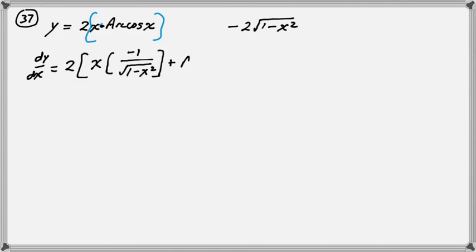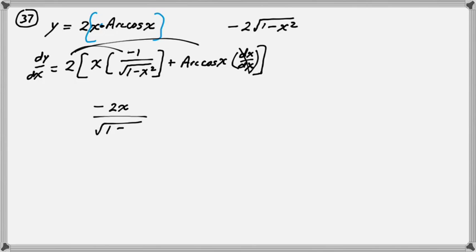Plus the other way around, bring down the arc cosine of x times the derivative of x, which the derivative of x is just 1, isn't it? dx. And close. Don't forget that 2 applies to both of these. So you get negative 2x over radical 1 minus x squared plus 2 arc cosine of x.